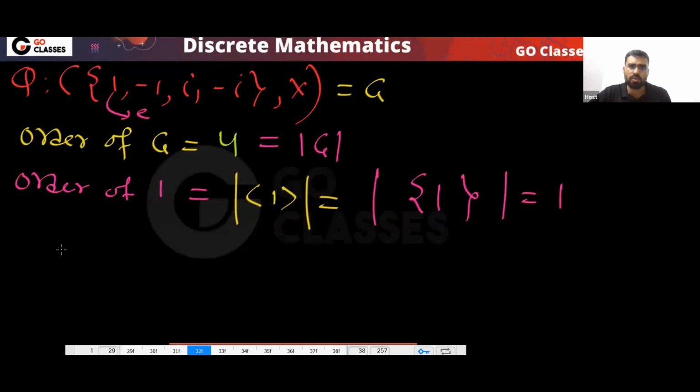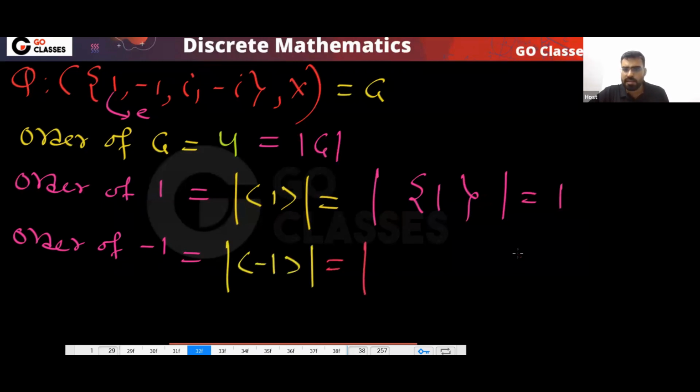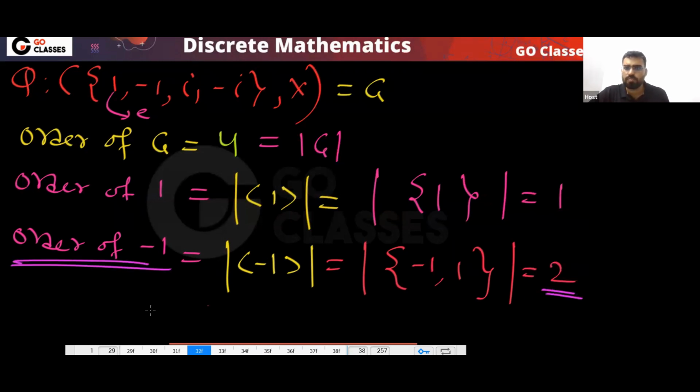What is the order of minus 1? That is the cardinality of the subgroup generated by minus 1, which is this, so the cardinality is 2. Correct? So the order of minus 1 is 2.